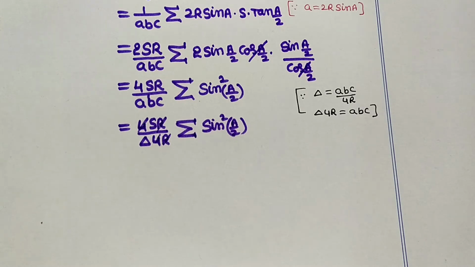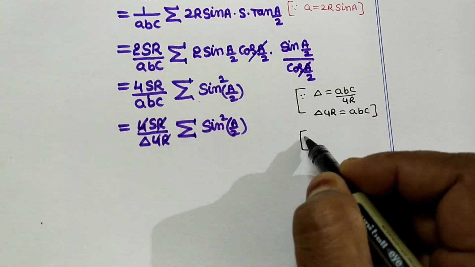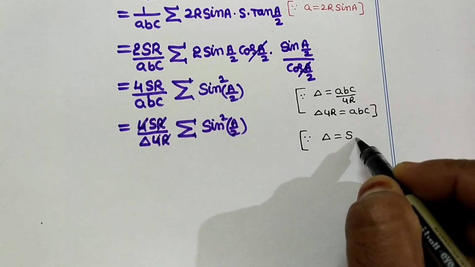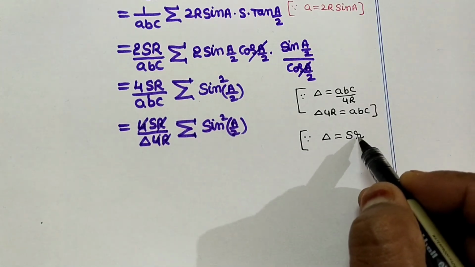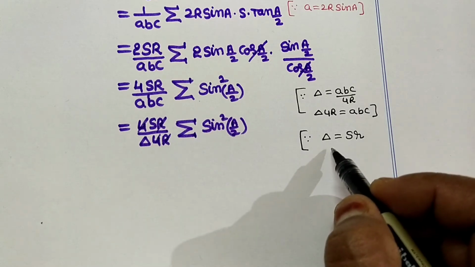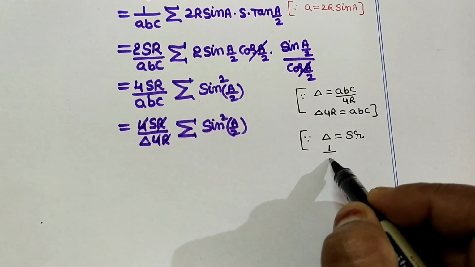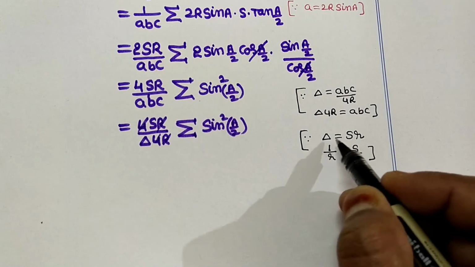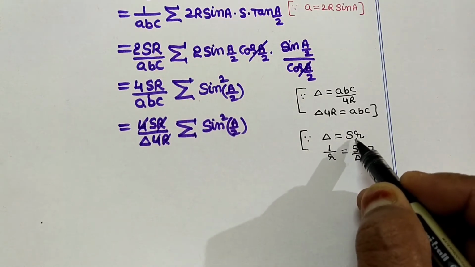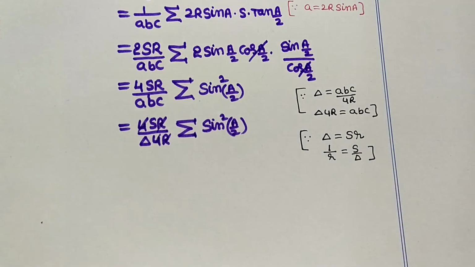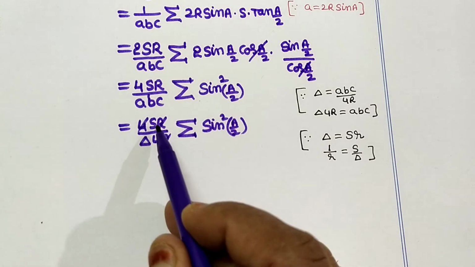And one more important thing. In the previous sessions, delta is equal to SR. R we can take into the denominator, and delta we can take this side. So 1 by R equals S by delta. Here S by delta is there, no?